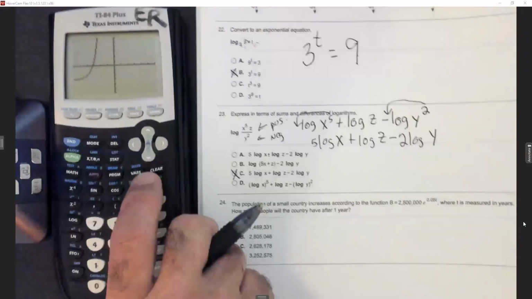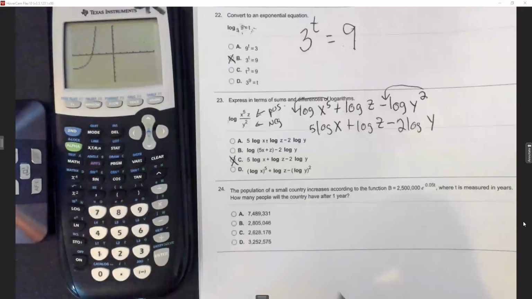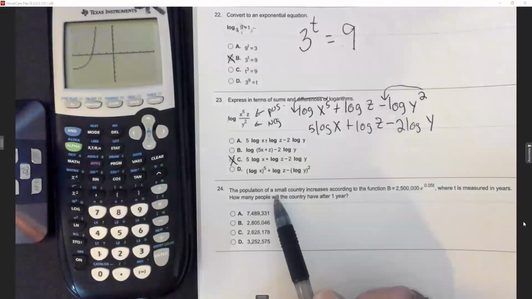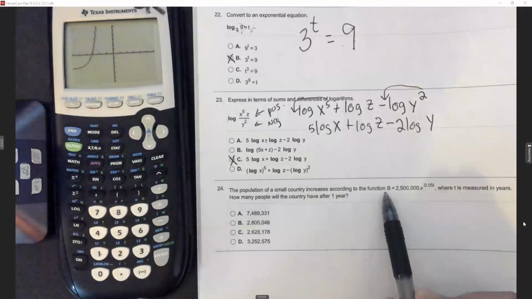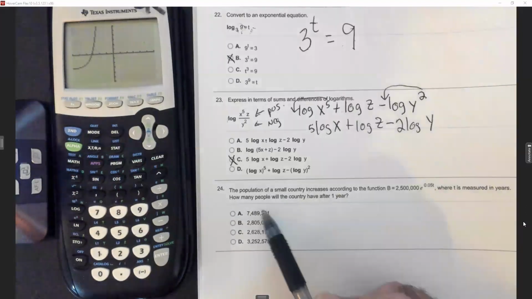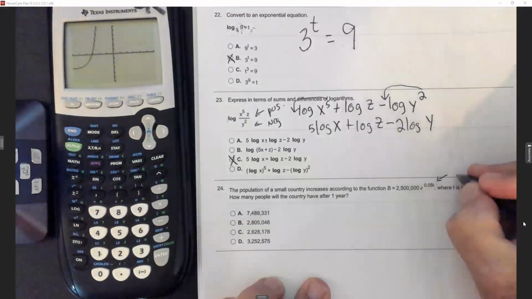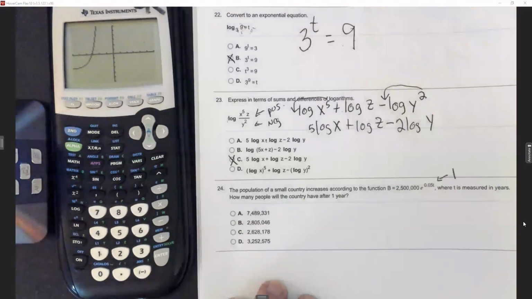Right, let's see. This one says the population increases according to, they're giving me this equation where t is measured in years. How many people would a country have after 1 year? Well, what they want me to do is replace that t with a 1 and then see what we get. So let's clear that.